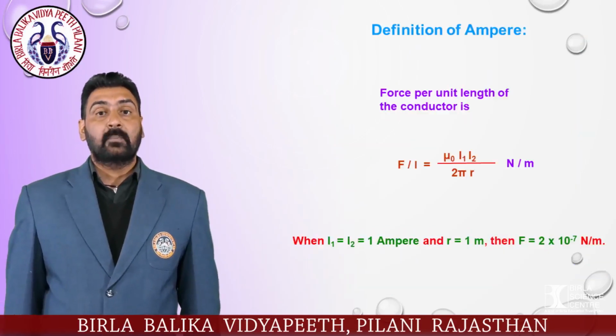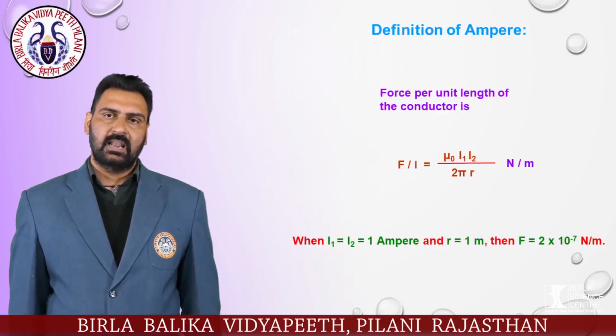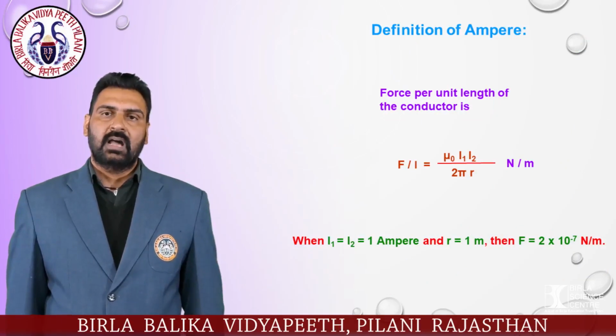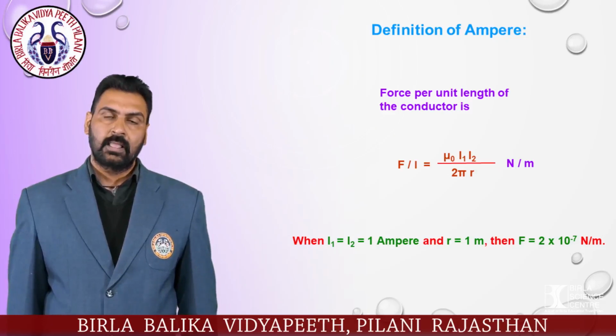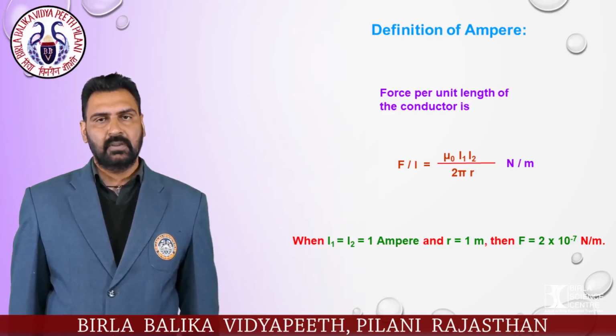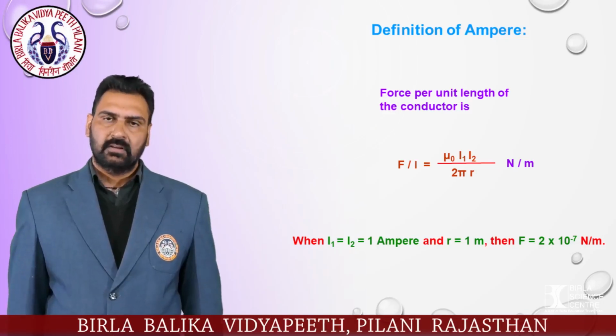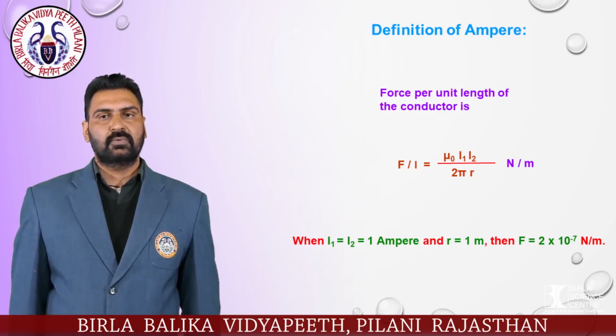Now, what is ampere? The force per unit length of the conductor is given by F upon L, which is mu naught I1 I2 upon 2 pi R Newton per meter. So when I1 is equal to I2 is equal to 1 ampere and R is equal to 1 meter, then the force F is equal to 2 into 10 to the power minus 7 Newton per meter.